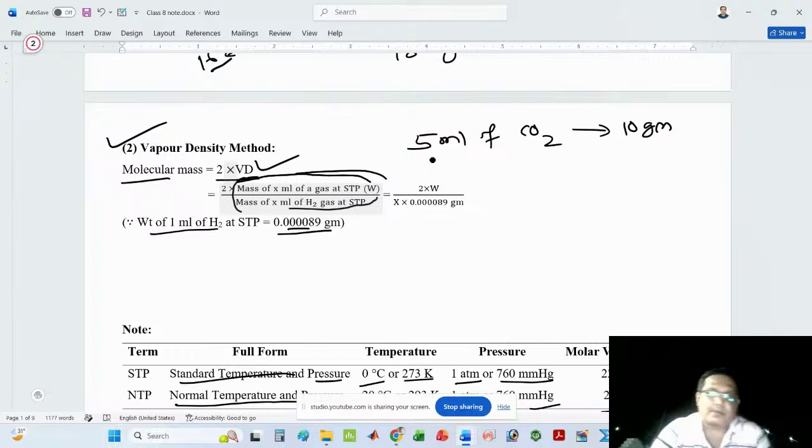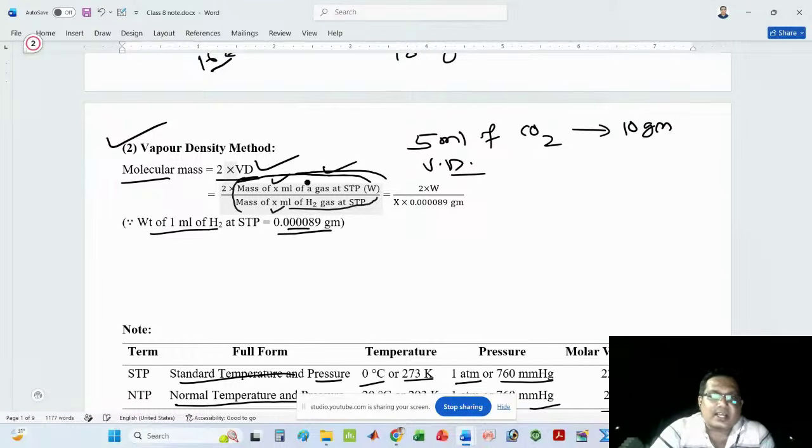Remember an important point for vapor density: the mass of the gas is compared with the mass of hydrogen gas. Remember both gases have the same volume. So here I have taken x ml. That means vapor density is equal to mass of x ml of a gas. Suppose here I have taken carbon dioxide.